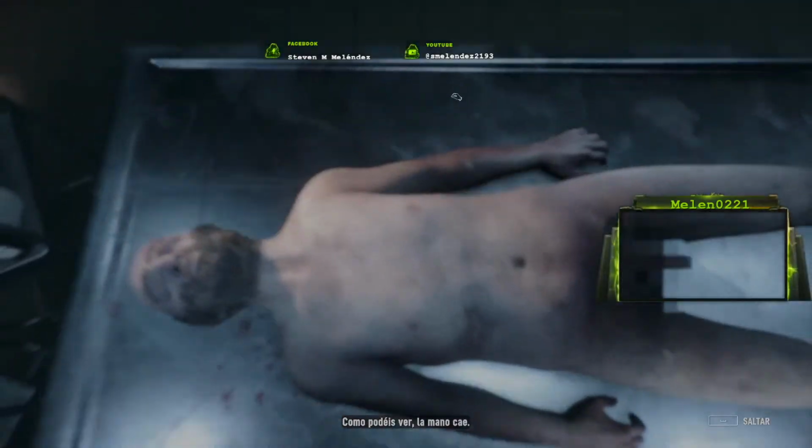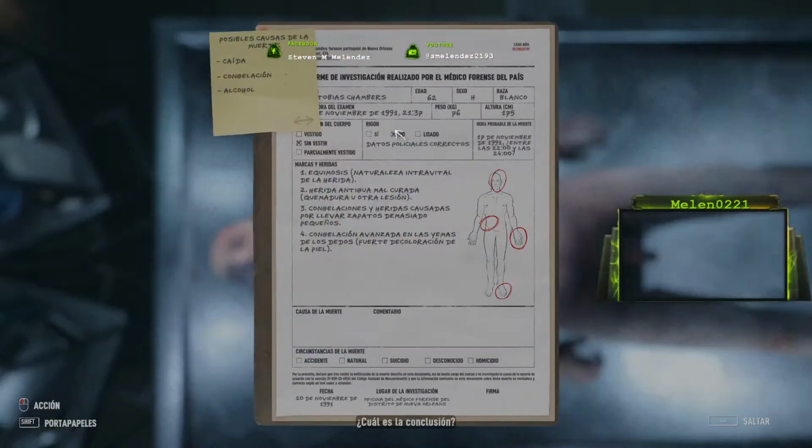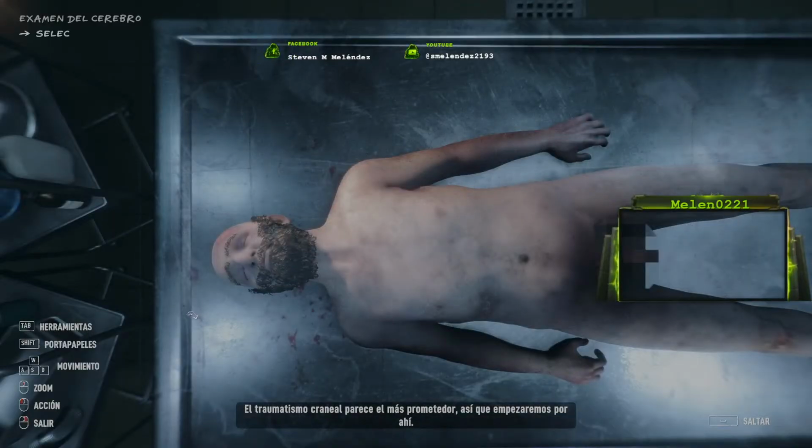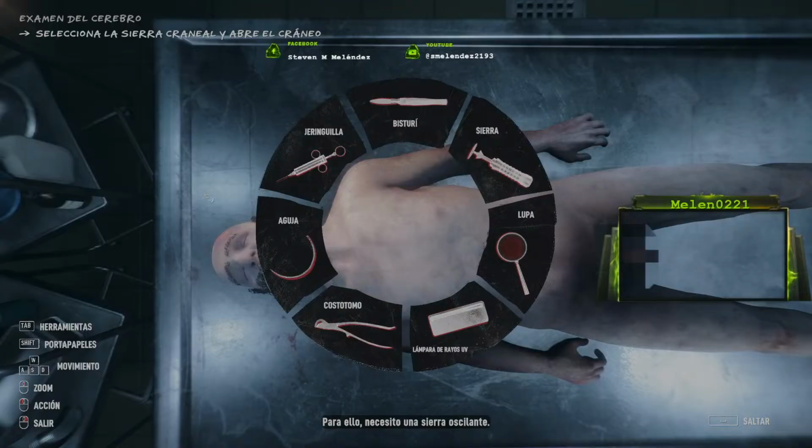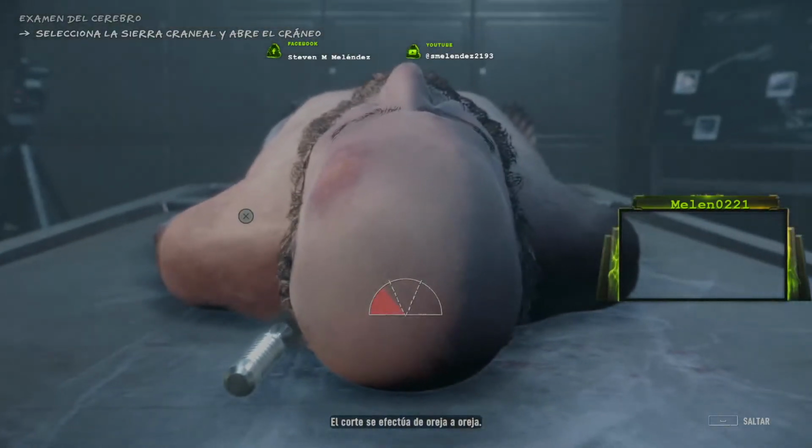As you can see, the hand falls loose. What's the conclusion? Death must have occurred more than 72 hours ago. The police information appears correct. Head trauma seems the most promising, so we'll start there. For this, I need an oscillating saw. The cut is made from ear to ear.